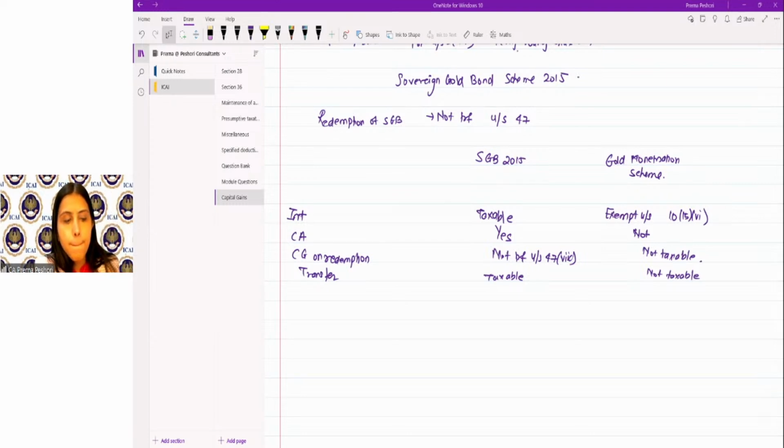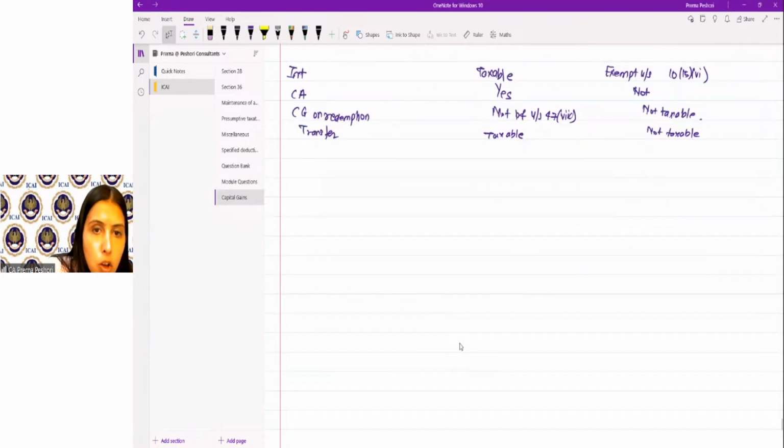Okay, we'll cover a few more transactions and then we will close the session. So next is rupee denominated bonds.